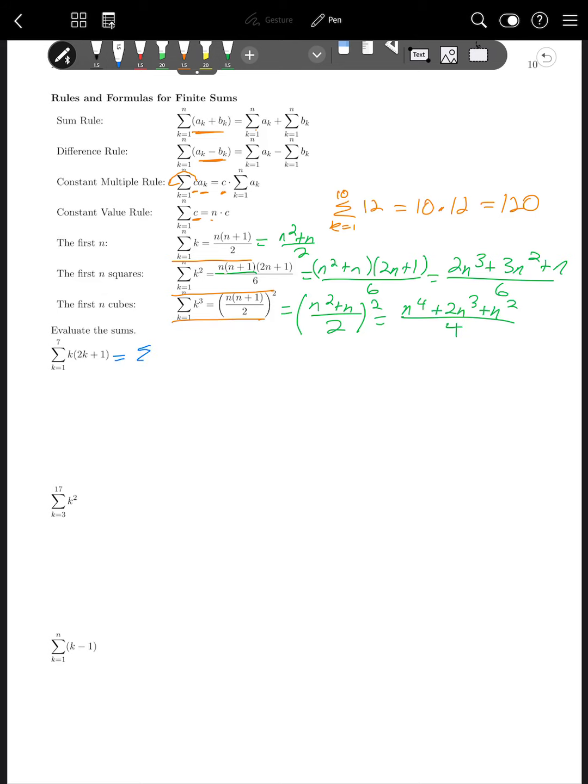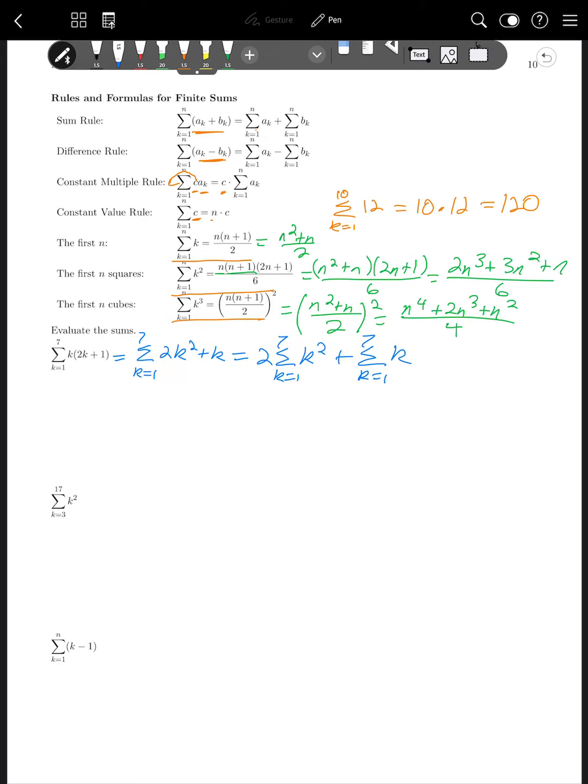So if I get rid of the parentheses, I get the sum of k equals 1 to 7 of 2k squared plus k. Then I can use the constant multiple rule and the summation rule to break apart this sum inside and move the 2 out in front of its summation. So that would look like this: 2 times the sum from k equals 1 to 7 of k squared plus the sum from k equals 1 to 7 of k.